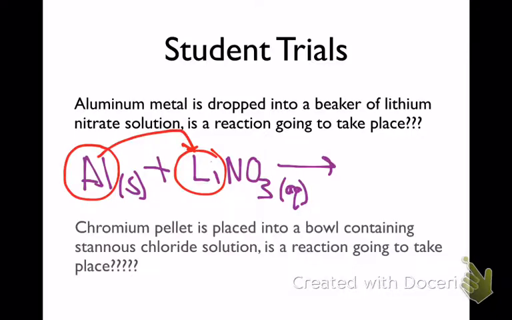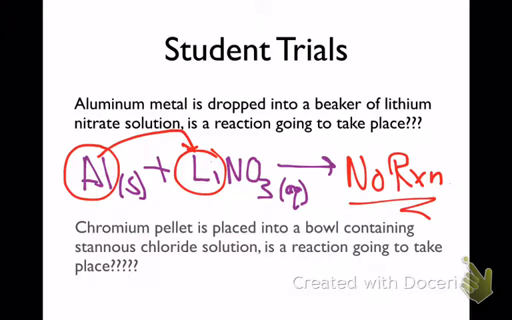And so aluminum, trying to do the replacing, must be more reactive than lithium. But when you look at that table, you will find aluminum is well below lithium. So in this case, aluminum cannot displace or replace lithium, and therefore, when I drop the aluminum into the beaker, nothing is going to happen. There will be no reaction.